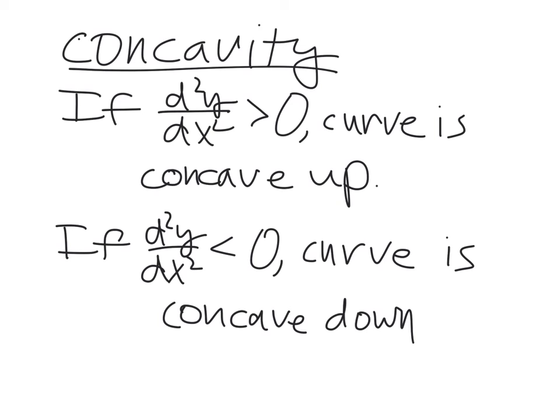If the second derivative is equal to 0 or undefined, then we have a possibility of an inflection point, a possibility of a change in concavity. So it refers back to what we did in Calc 1. It's just that finding the second derivative in parametric equations gets a little bit more involved.